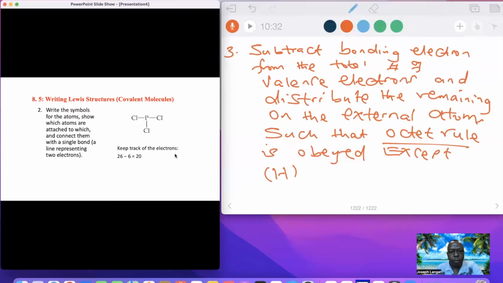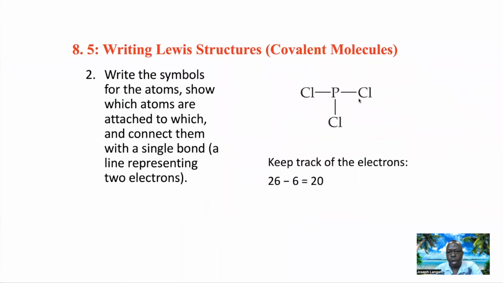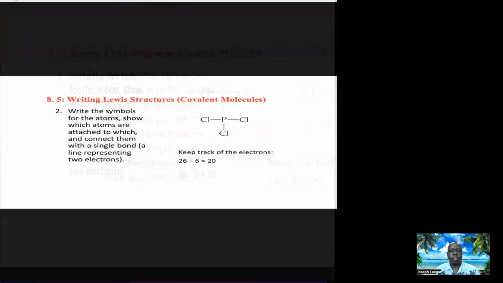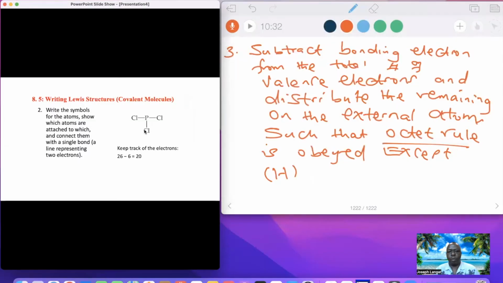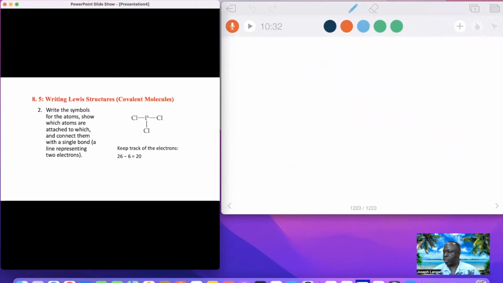Here we have 2 electrons, 2 electrons here, 2 electrons here. We call these bonding electrons. We need to subtract them so that whatever is left over, we give to the external atoms so that they satisfy the octet rule. Let's see.